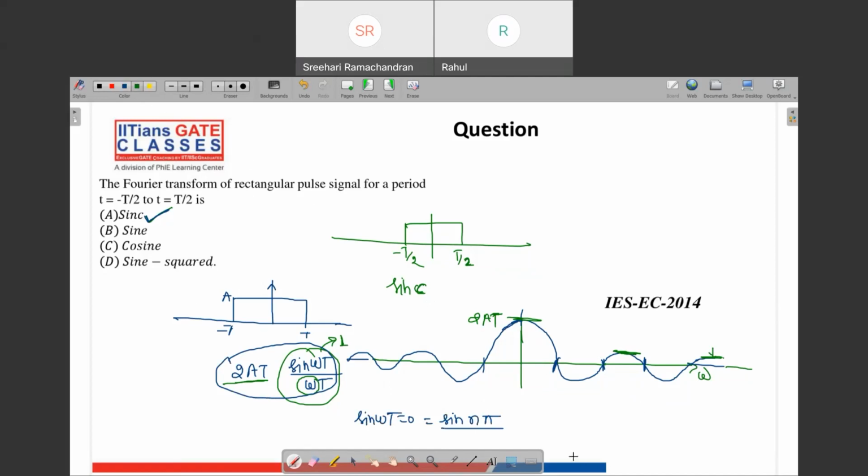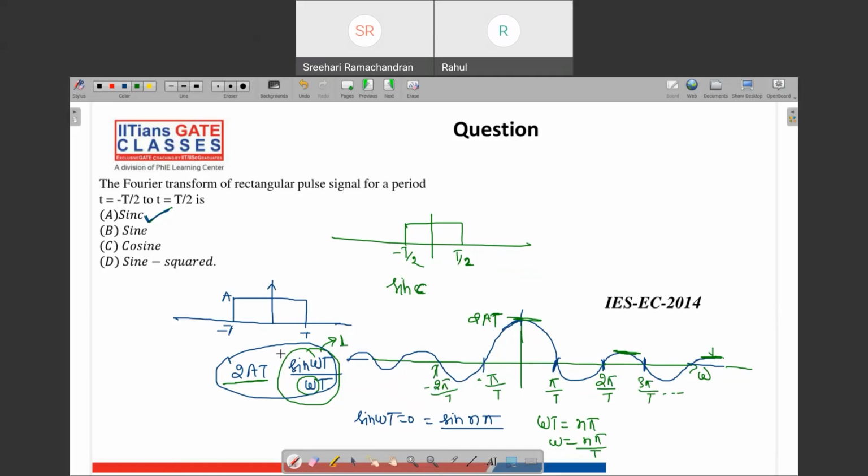So omega capital T is equal to n pi, so omega is equal to n pi by capital T. For n equal to 1, it will be pi by T; n equal to 2, 2 pi by T; n equal to 3, 3 pi by T, and it will continue. Similarly on the negative side, minus pi by T, minus 2 pi by T and so on.